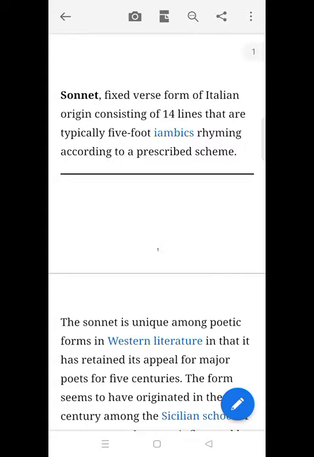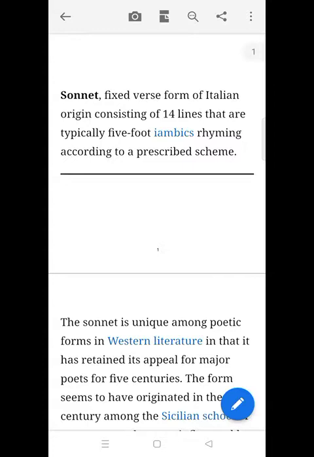A sonnet is a poem containing 14 lines. The very basic definition is that a sonnet is a piece of poetry that contains 14 lines.